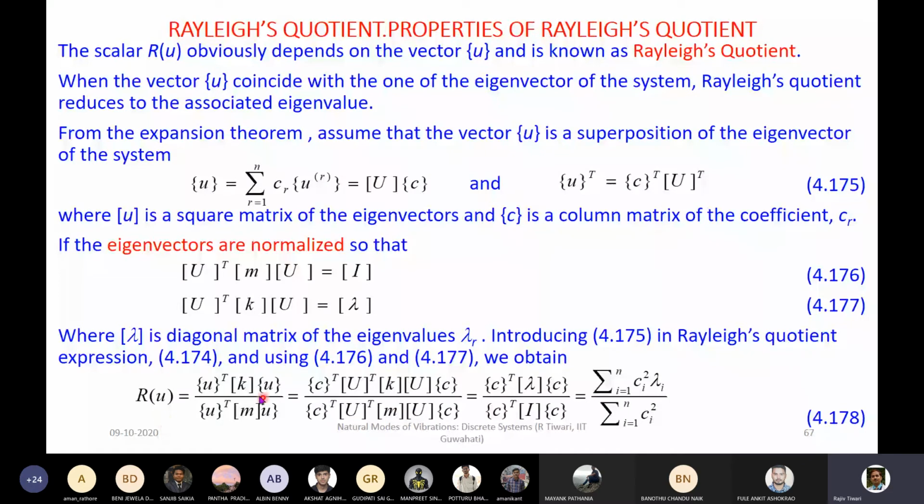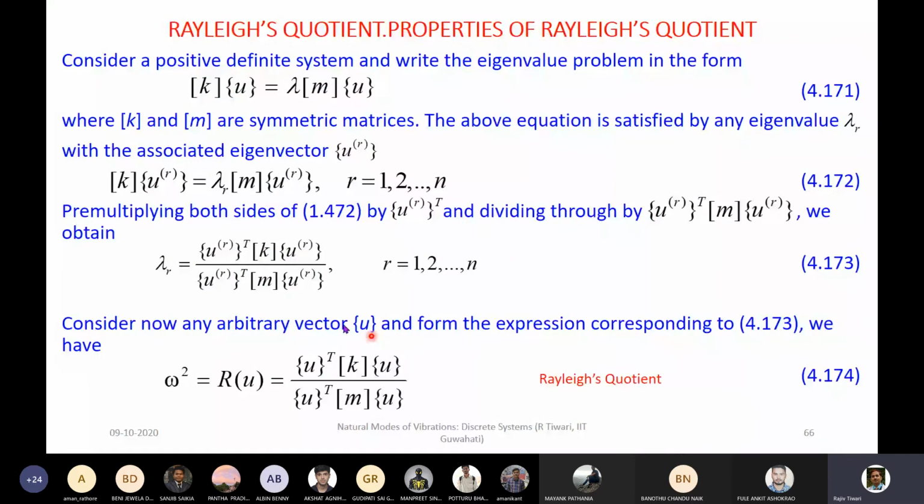We should get this ratio equal to the rth eigenvalue. So if my arbitrary u is the rth eigenvector, then this ratio should be equal to the rth eigenvalue. If not, then some other value.